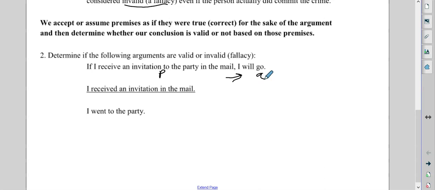If-then. All right? Well, I did receive an invitation in the mail. I went to the party. Okay? So these right here are my premises. And this is my conclusion.